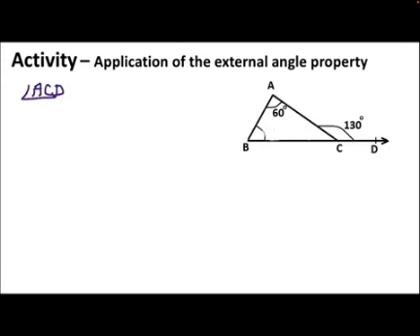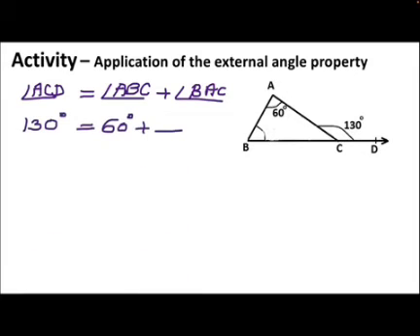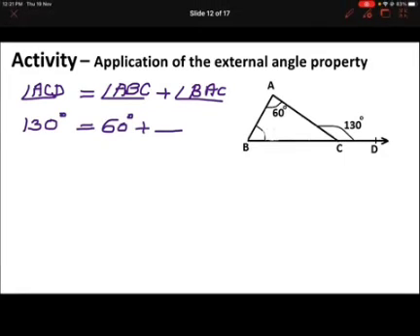Application of the exterior angle property. Now let's see what the application is. Angle ACD is 130 degrees. It is equal to angle B plus angle A. Okay. Now, how do we do that? The exterior angle is given to you. So, this exterior angle should be equal to this plus this, is it not?